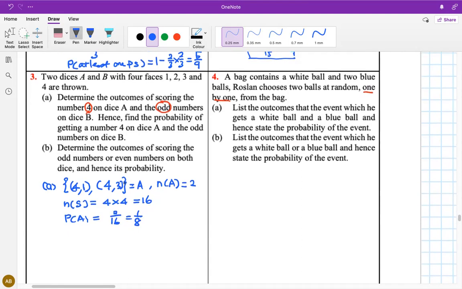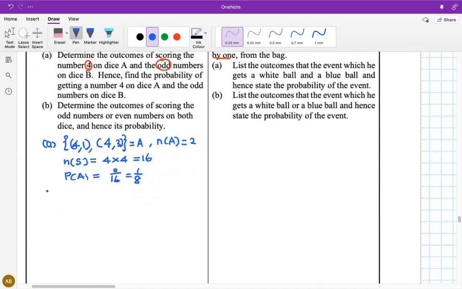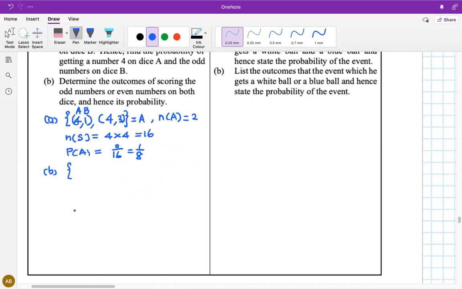So determine an outcome of scoring the odd numbers on both dice, and hence its probability. Okay. So what's the outcome? Both are odd. This means A and B, right? So let's say this is A and B. So if we list down, or you use a table or geometric coordinate, it's 1, 2, 3, and 4.